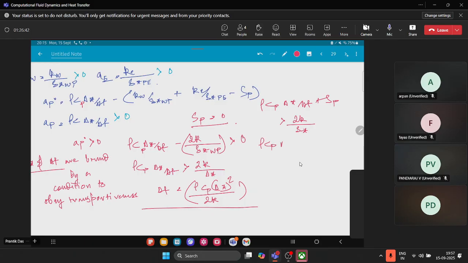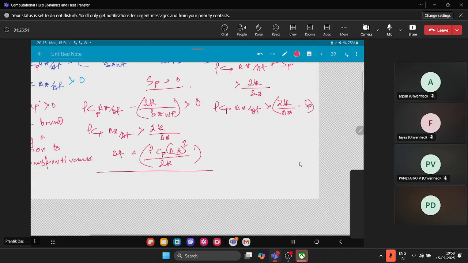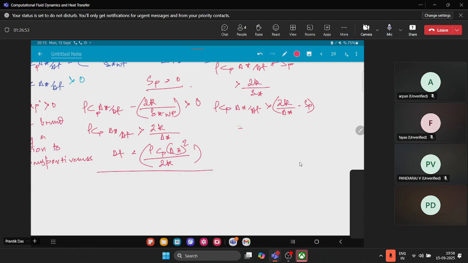So delta x by delta T is greater than 2k by delta x minus of SP, which is positive. So now delta T should be less than rho Cp delta x over 2k by delta x minus SP. It changes a bit, but in the books you will obviously find this. So this is the criterion for the stability itself. Is it clear to all of you?